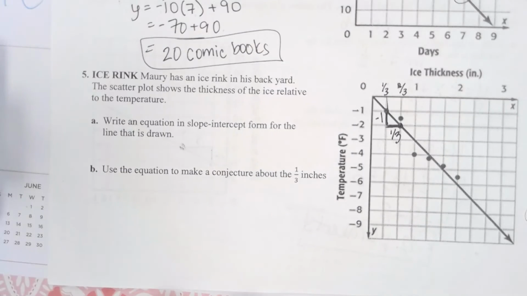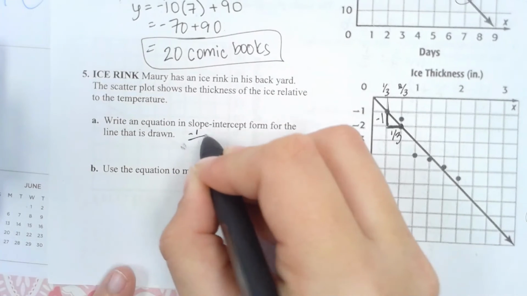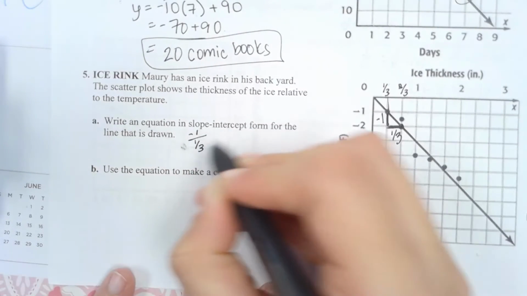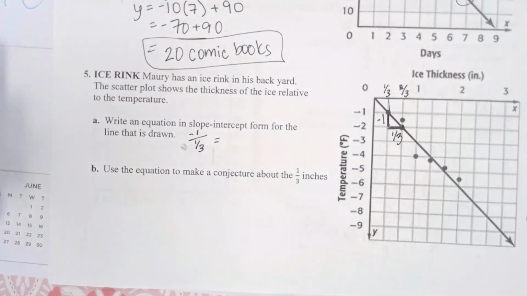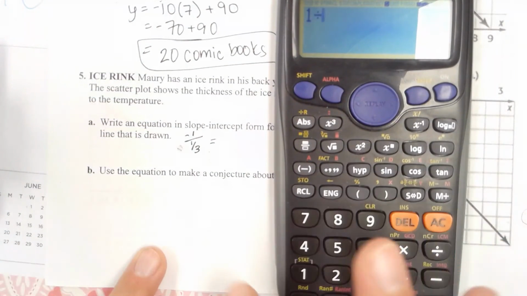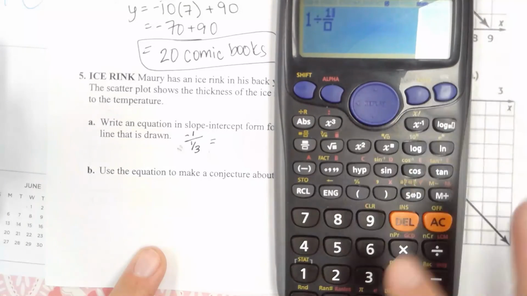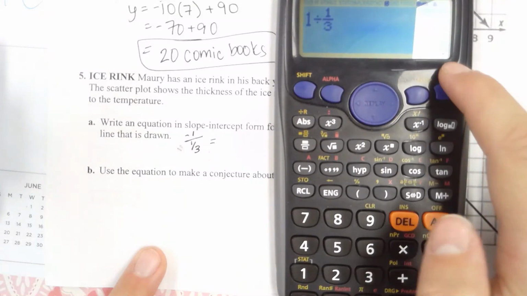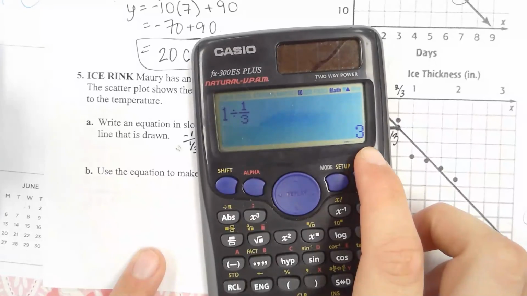So if my slope is -1 over 1/3, okay, I want to make this look nicer. Okay, so in my calculator, remember, a fraction bar means that you can just divide. So if I were to take 1 divided by my 1/3 here, notice how I'm just going to get a slope of 3.